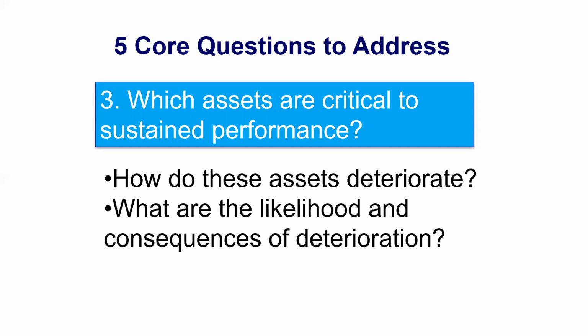In order to be able to answer that, we have to, again, assess risk, but we also have to know, how do these roads, culverts, signs, any of our assets, how do they deteriorate? What does that curve look like? How long are they going to stay in good condition? When are they going to fall to fair? And when are they going to drop down into poor?